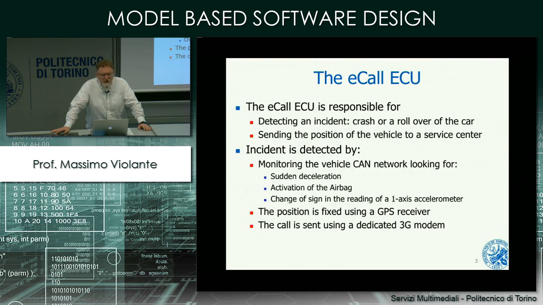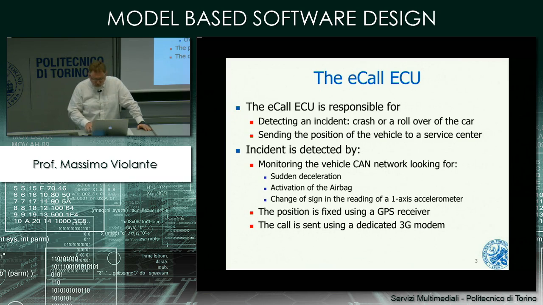It could be GPS, it could be GLONASS, it could be Galileo, it depends. No matter what, we have an antenna attached to a receiver that is able to get localization information. And then we have, for sure, a 3G modem that is able to issue the emergency call.